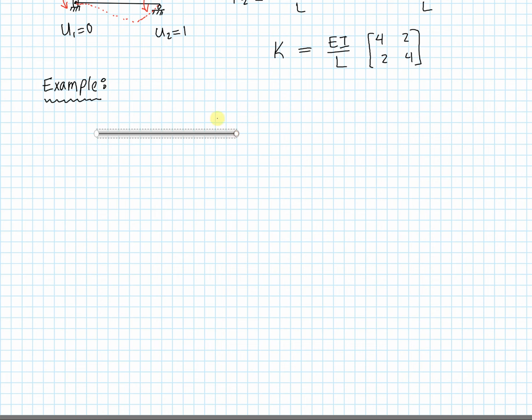With this example, we have a two-span beam that has 3 supports. There is a pin support at the left side. Here we go. There is a roller support in the middle. And there is a fixed support on the right side.